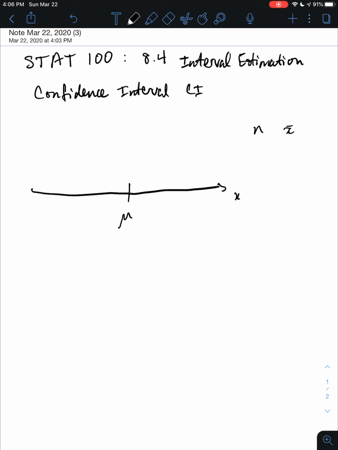And we get a sampling distribution. Sometimes our samples are going to be below mu, sometimes close to mu, and sometimes above mu. And we know from Chapter 7, the central limit theorem, that the distribution of different x bars that we can get is normally distributed with a mean of mu.